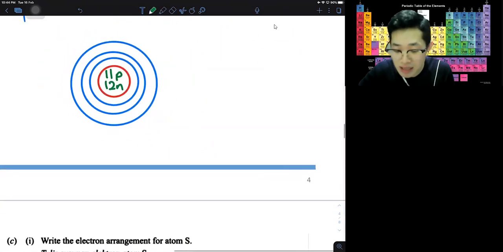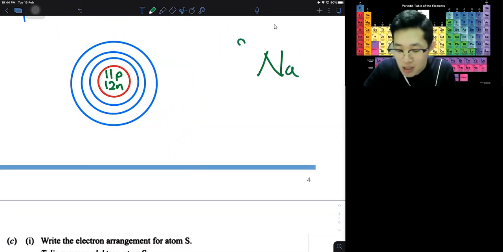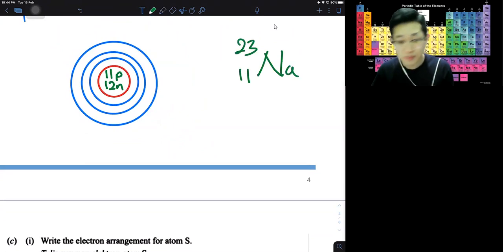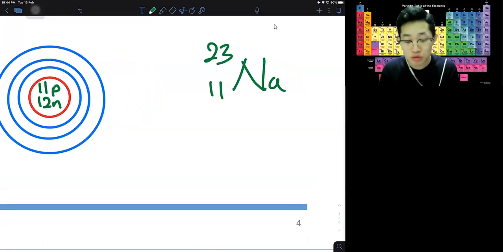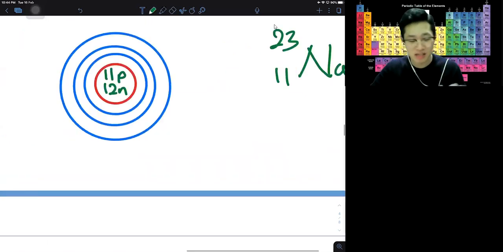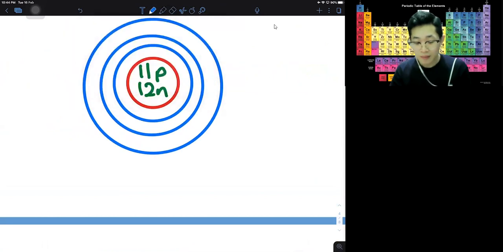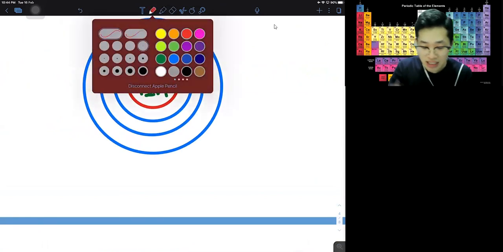In the periodic table, they will tell you Na 23 11. In order to find the neutron, you minus big minus small, then you can get neutron. Get it? Paper 2 has periodic table. This is one of the most important information today. So we have proton, neutron here already, then electron.